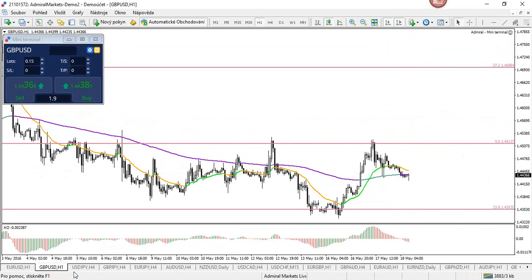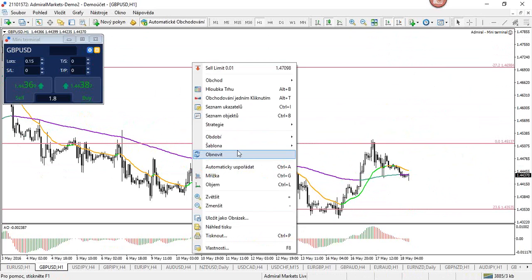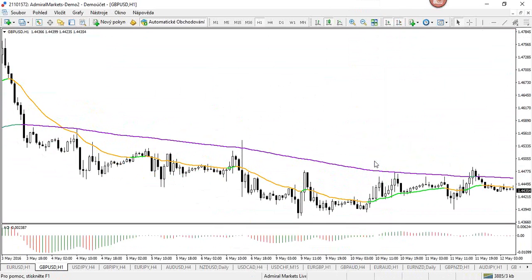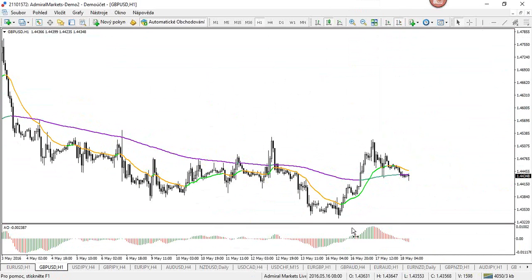All right, pound USD. Let's move on. So pound USD basically showing momentum to the upside, but let me just quickly write to Ergo.